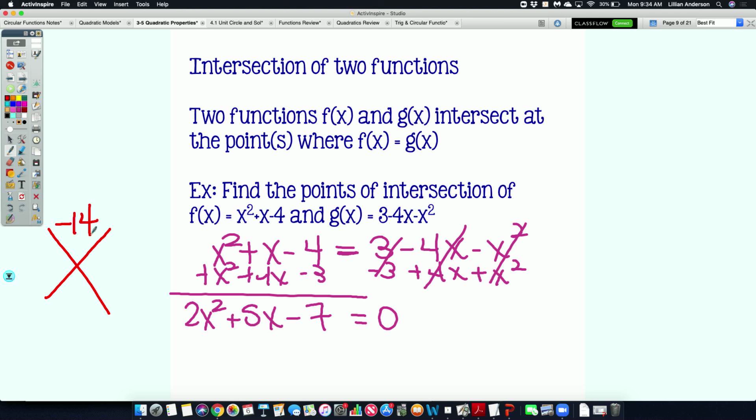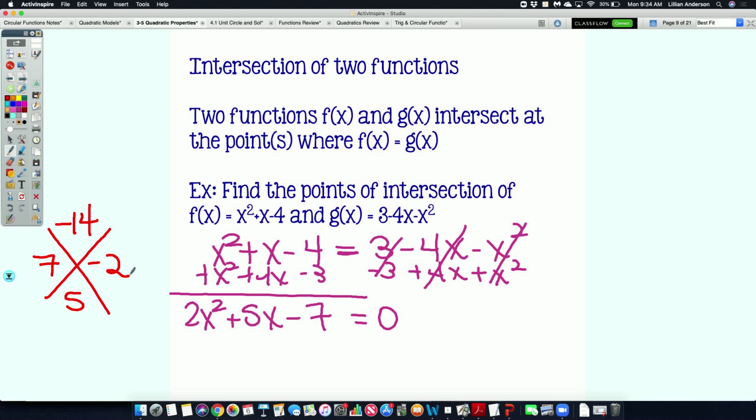What went on the bottom? 5. And you still had to ask yourself what two numbers multiply to negative 14 and add to 5, which were? 7 and negative 2. Now from here, this is where it varies depending on who taught you how to do this. I know how I taught Michaela and Isabel because I had them last year, but I have no idea how anybody else taught you guys.